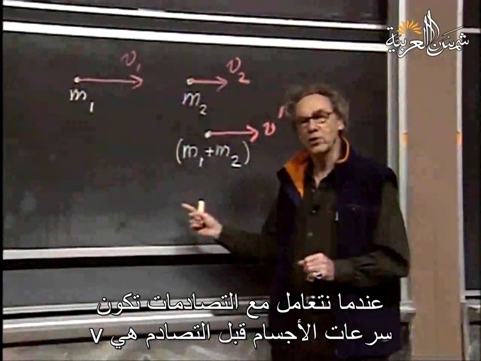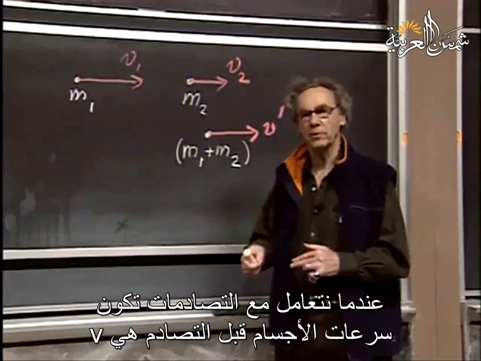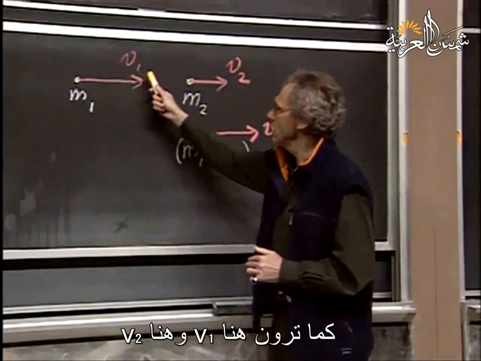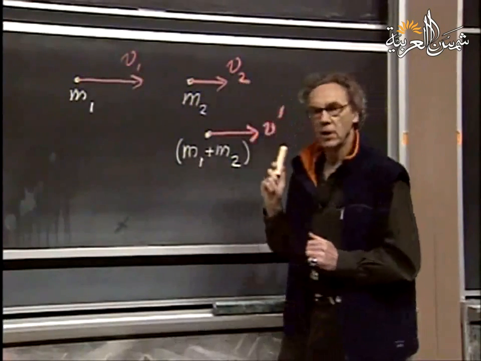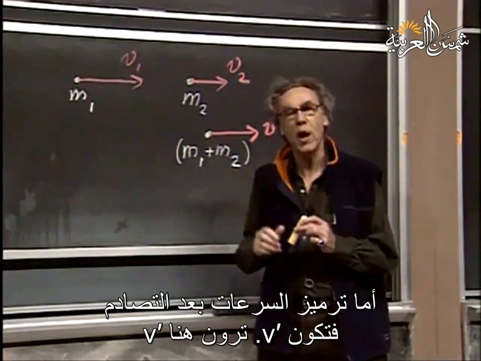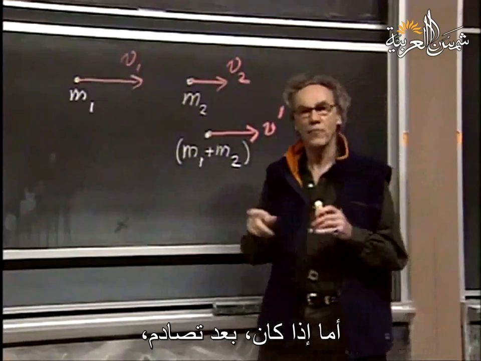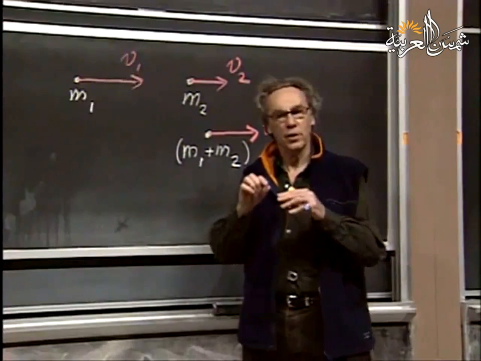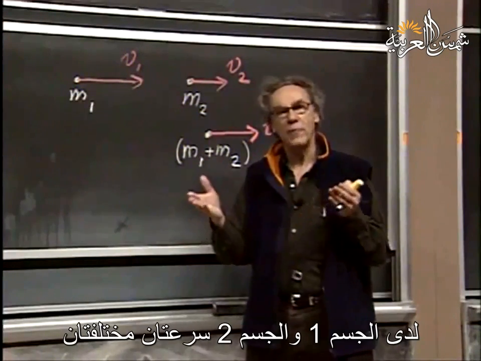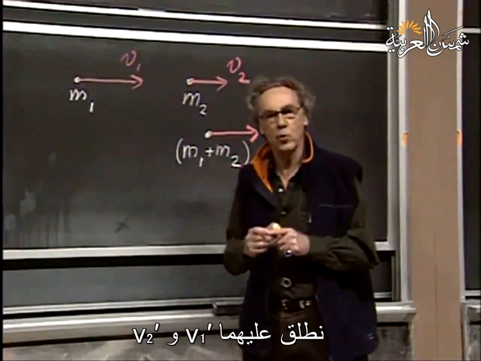When we deal with collisions, the velocities of the objects before the collision are unprimed. You see here v1, and you see here v2. Now the velocities after the collision, by convention, are primed. You see here a v prime. Now if after the collision, object 1 and object 2 have a different velocity, we would call it v1 prime and v2 prime.